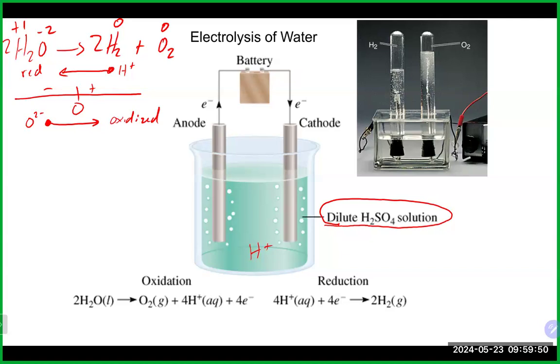So again, we see on our oxidation side oxygen going from -2 to 0, and hydrogen here going from +1 to basically 0 over here. We see it start to bubble as we do this, and you could collect it into some test tubes over here.